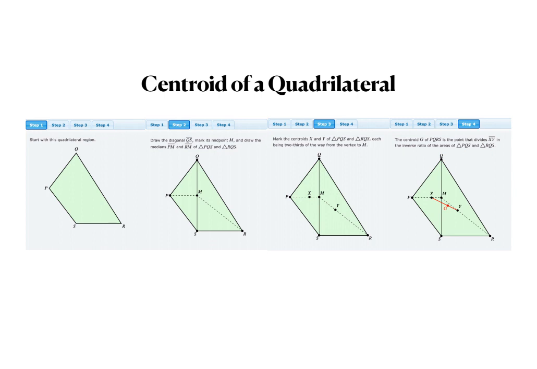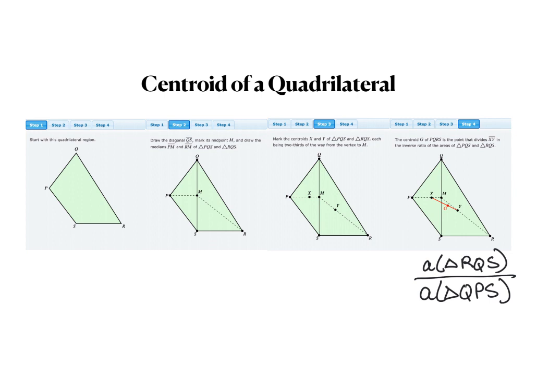So I would take the area of triangle RQS and divide by the area of triangle QPS. And then I would take that ratio and apply it to my segment. So it's going to be closer to this side if this is larger. So I would take this ratio and apply it here.